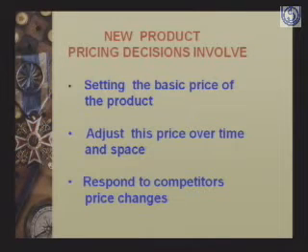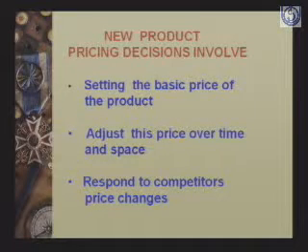So these are the things you have to decide when you adjust the price. Similarly, you have to bring in seasonal variations, and you have to adjust the price within the channel also. What is the commission paid to the distributor, what is the commission given to the wholesaler, what is the margin for the retailer. So you have to incorporate these margins for the marketing middlemen. So this is the next level.